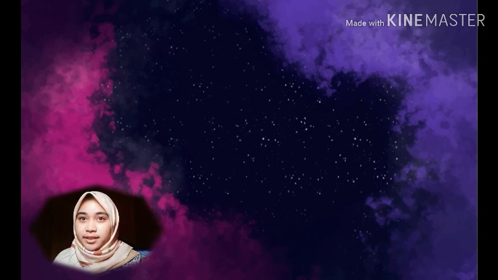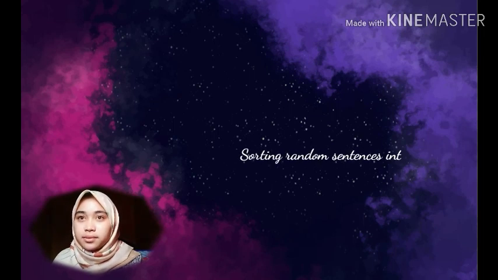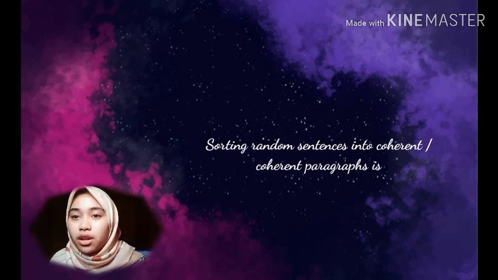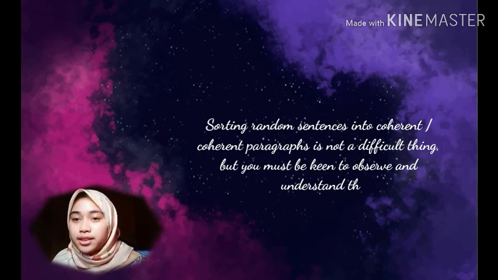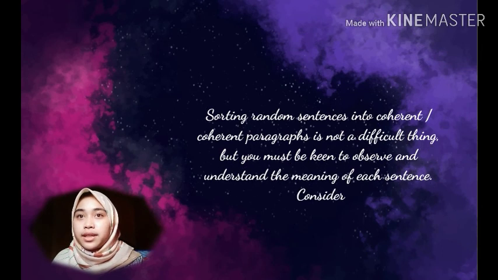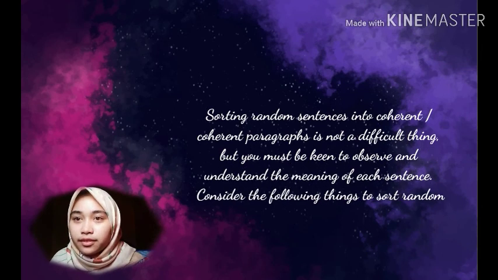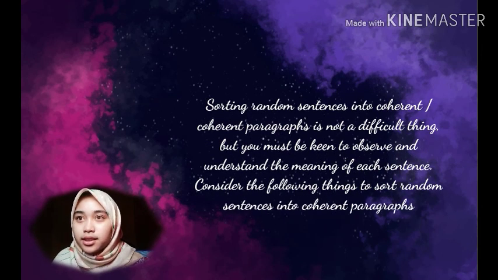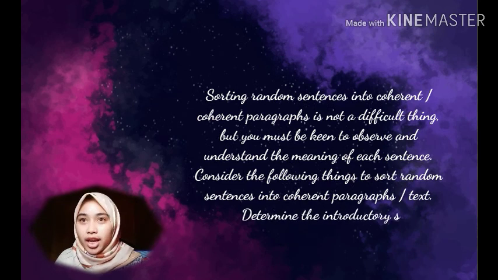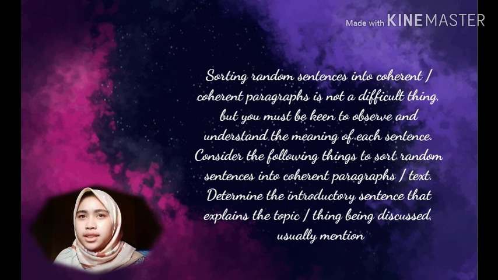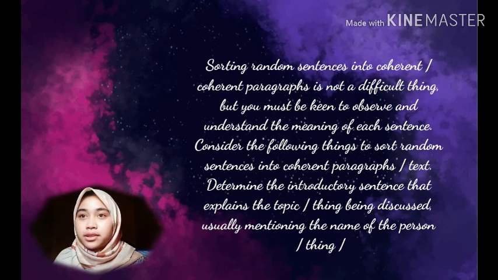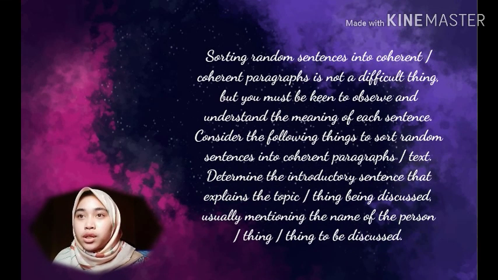Rearranging sentences: sorting random sentences into a coherent paragraph. A coherent paragraph is not a difficult thing, but you must begin to observe and understand the meaning of each sentence. Consider the following things to sort random sentences into a coherent paragraph.